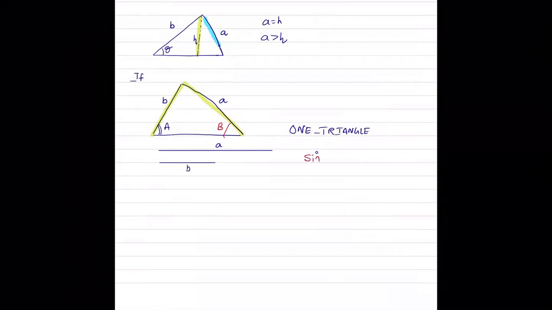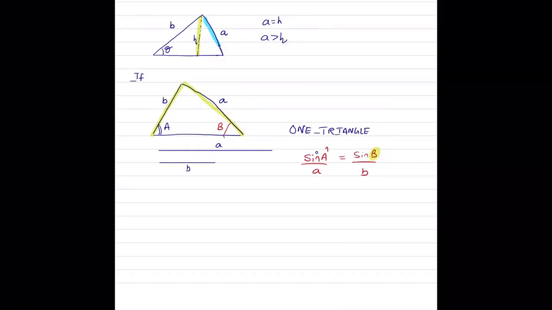I'm going to use sine of angle A upon A is equals to sine of angle B upon B. Is that fine? Yes sir. So I can find angle B. I was trying to find angle B when the length A, B, and this, when two sides and a non-inclusive angle was given. So in this case, you can apply the sine rule, and only one triangle is going to be formed.